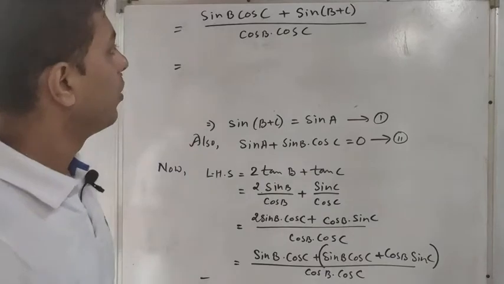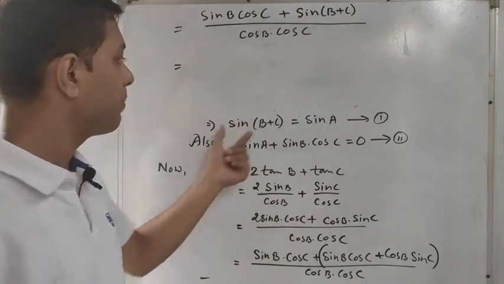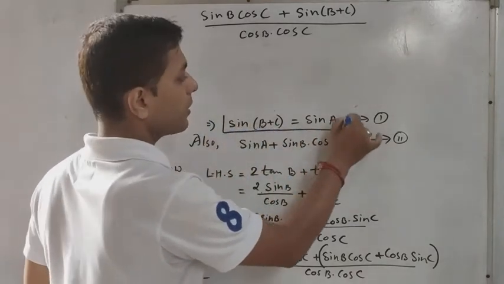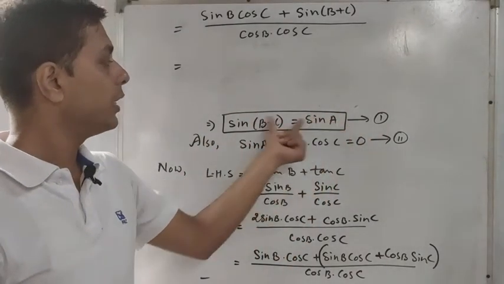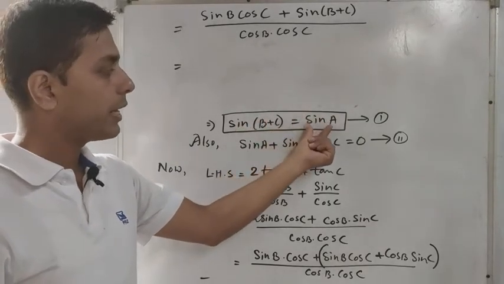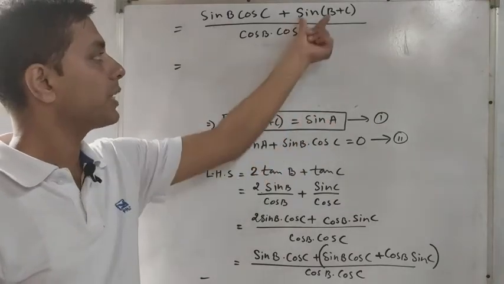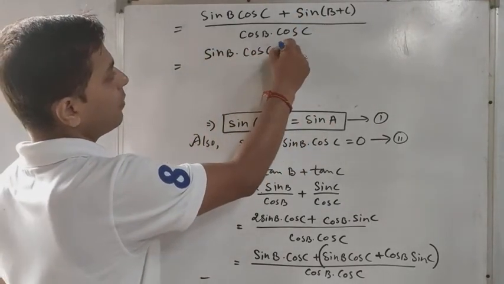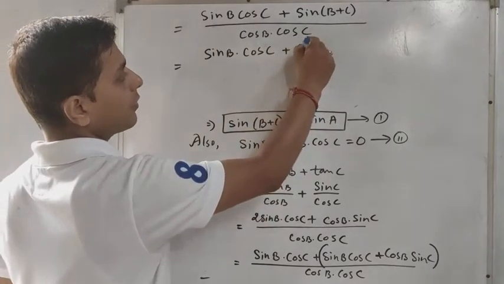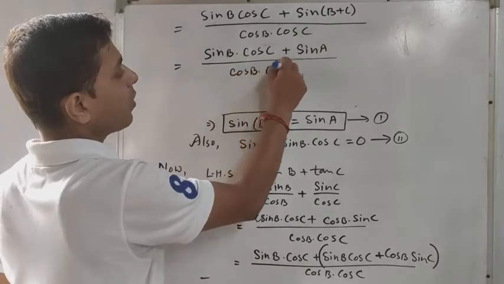Now look, sin of b plus c is equal to what? Sin of b plus c is equal to sin a, which we have already obtained as question number 1. So can it be replaced? Yes, sin of b plus c can be replaced by sin a. So sin b cos c plus sin a, divided by cos b into cos c.